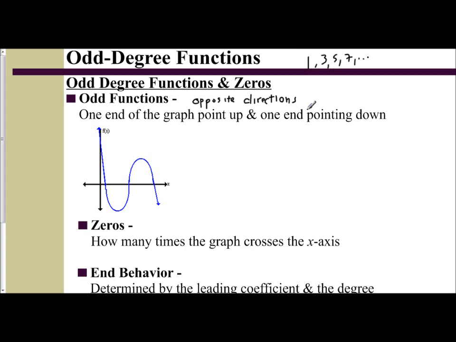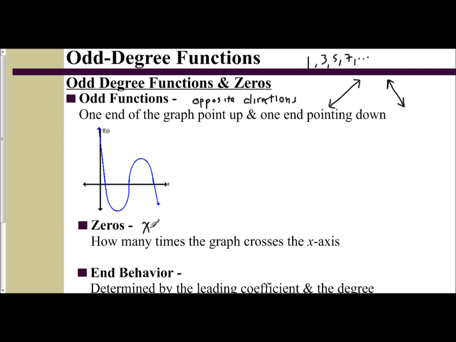Linear even points in opposite directions because with a positive slope, this side's pointing down, this side's pointing up. With a negative slope, this side's pointing down and this side's pointing up. So even linear functions follow this odd degree behavior.